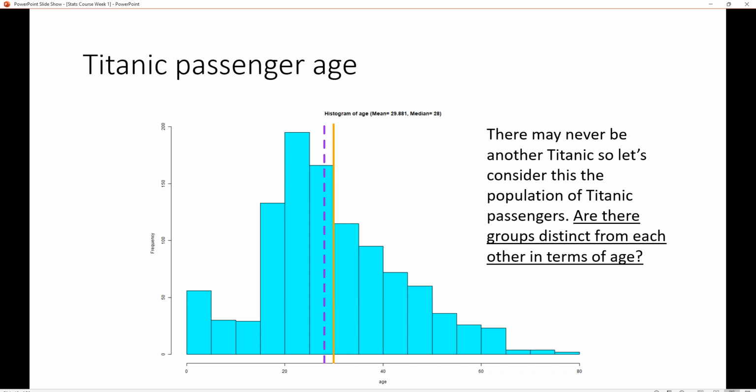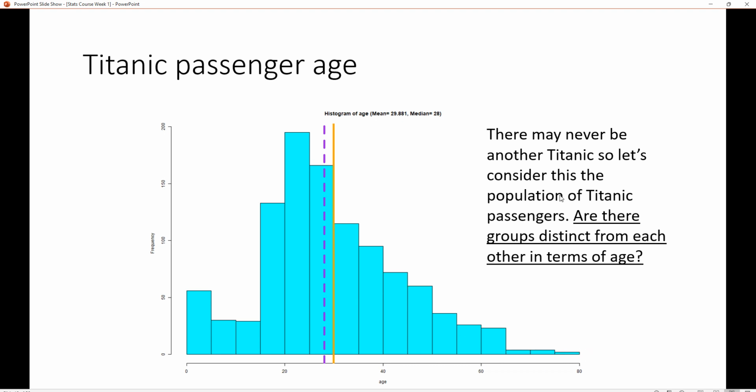Just by looking at it, we can tell that it's a positively skewed distribution. We see more of a tail drifting off to the right, although the mean and median are somewhat close. The fact that the mean is to the right and the slight positive skew would suggest that we have more extreme values on our right.